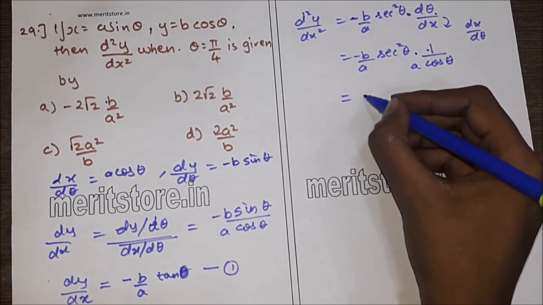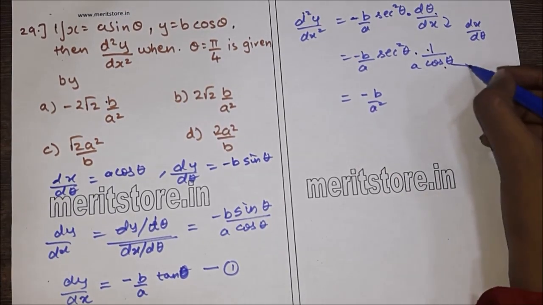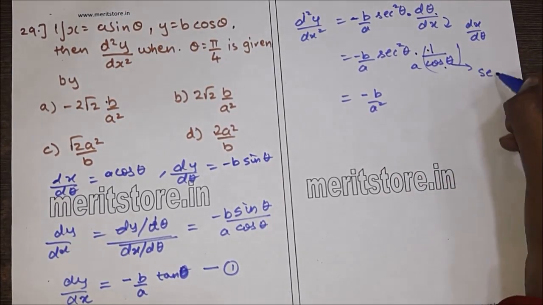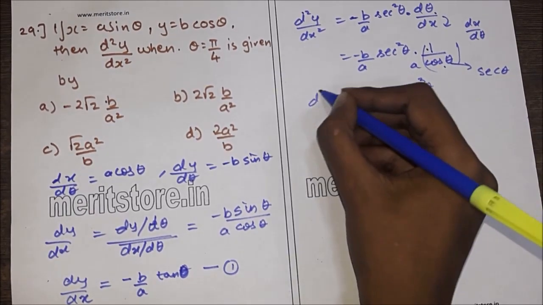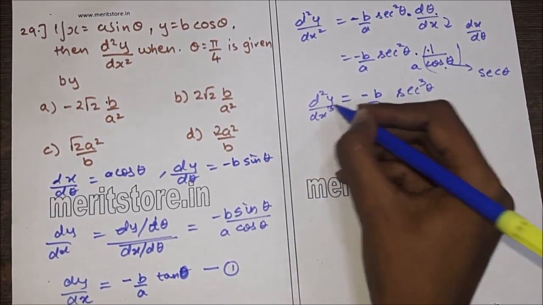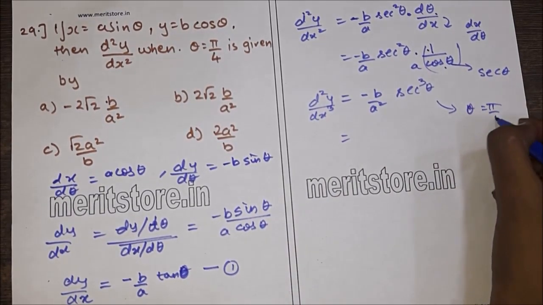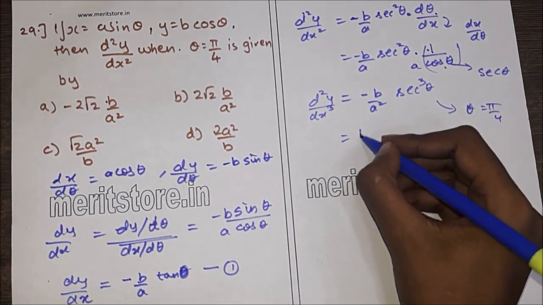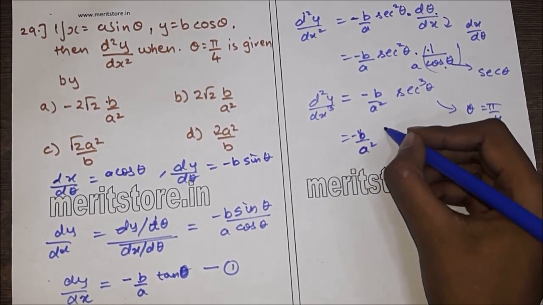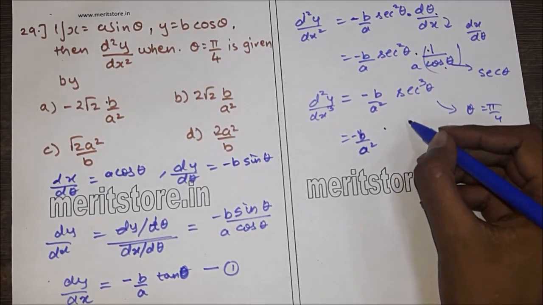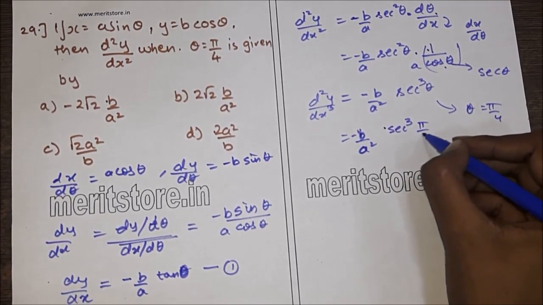So this is minus b by a square. Now 1 by cos theta is sec theta, so this term becomes sec cube theta. So d2y by dx square is minus b by a square sec cube theta. Now putting theta equals pi by 4, we get minus b by a square sec cube pi by 4.